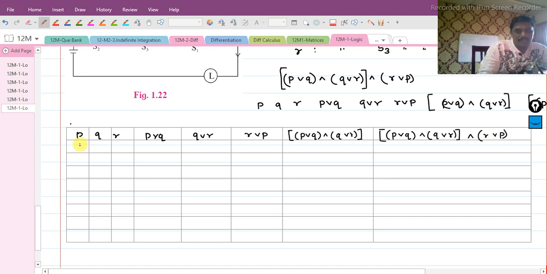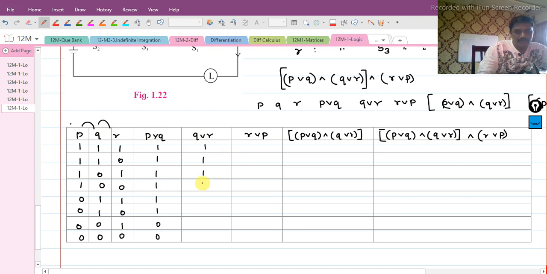1 1 1 1 0 0 0 0. Would you like to answer? 1 1 0 0 1 1 0 0, 1 0 1 0 1 0 1 0. ORing of these two gives 1 1 1 1 1 1 0 0. ORing of these two gives 1 1 1 0 1 1 1 0.